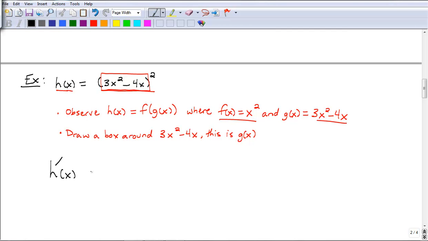So if I want to find the derivative of this thing, I have to take the derivative around the box. That means I leave the box alone. I'm not going to change anything inside this box, because this is around the box. And to take the derivative around the box, I treat it like a big old x.